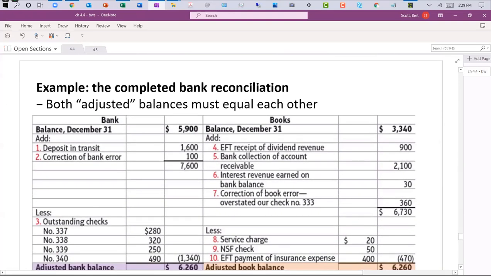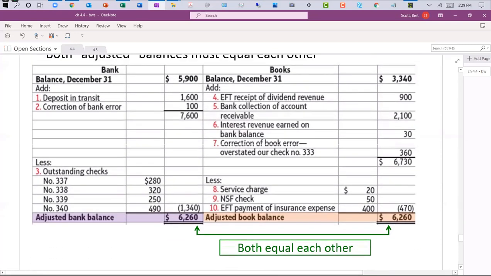Now, you get down to it, you compare your bank side with your book side, and we see, lo and behold, our adjusted bank equals our adjusted book, right? That must happen. If it doesn't, we need to go back and figure out what's wrong.